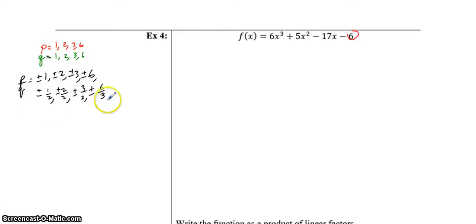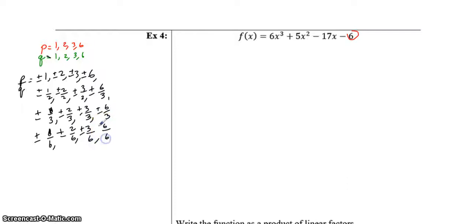And then 1 over 3, 2 over 3, 3 over 3, duplicate, 6 over 3, duplicate, and then 1 over 6, 2 over 6, duplicate, 3 over 6, duplicate, 6 over 6, duplicate, all plus or minuses. Even though it looks like there's a lot of duplicates in here, we're not going to have to try all of them.